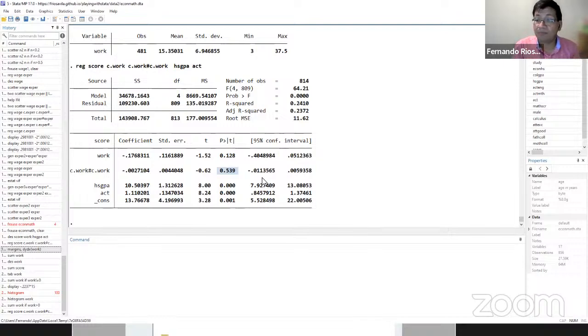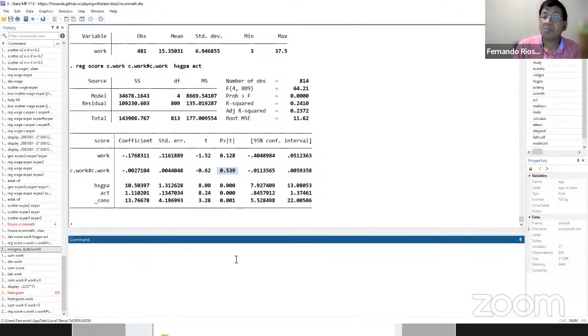But is that true? What I'm trying to say here is it might be true, but it also might be incorrect, because the reason why these coefficients are non-significant is because of the problem of multicollinearity between work and work squared. So how do we test for that? We have to simultaneously test if work is equal to 0 and if work squared is equal to 0.